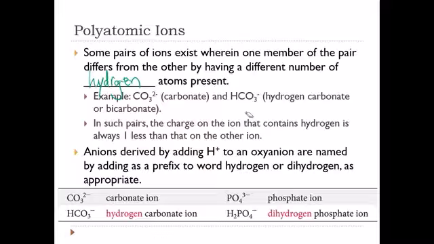So for example, CO3 2 minus is carbonate, but by adding the hydrogen, that becomes HCO3 minus. Or we could have PO4 3 minus, which is the phosphate ion, and we could also have HPO4 2 minus, which is called monohydrogen phosphate.